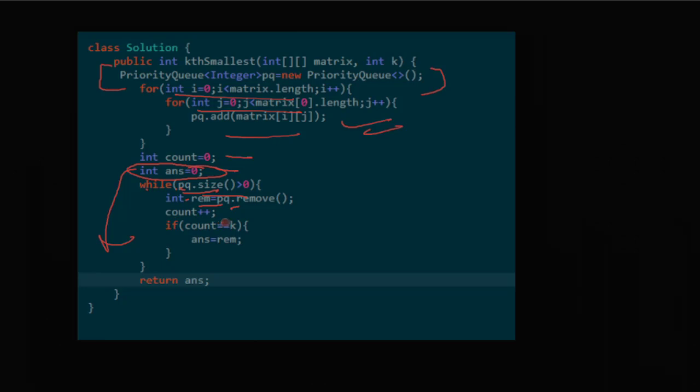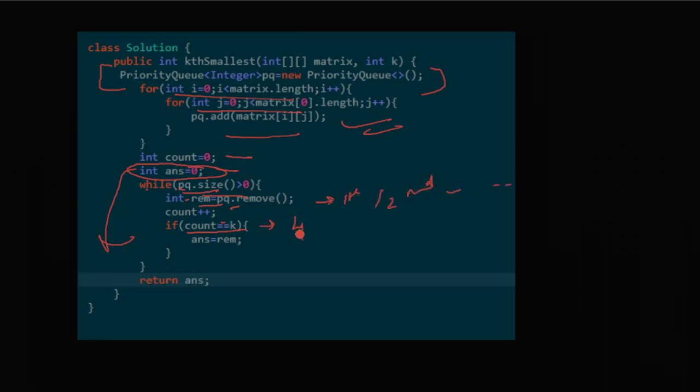Now if we've incremented the count, we check if the count is equal to k. That means if we got the smallest one, we got the first smallest, or the second smallest. First we get the first smallest, then the second smallest, and so on.